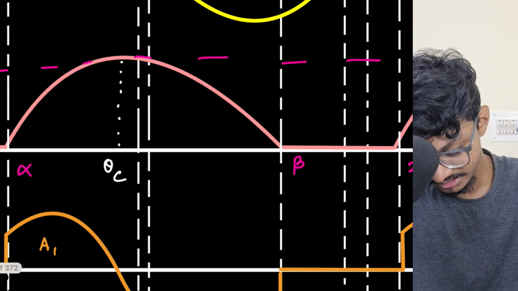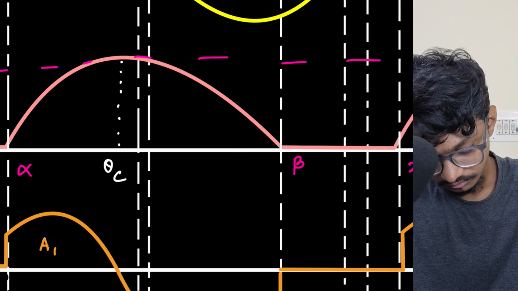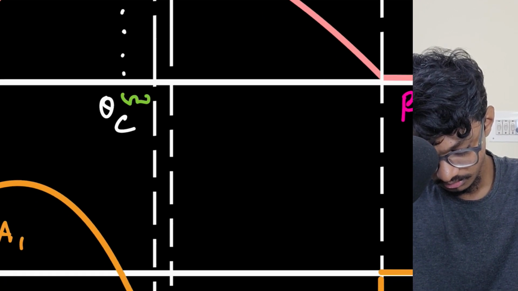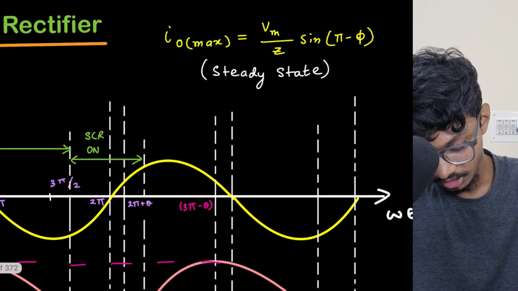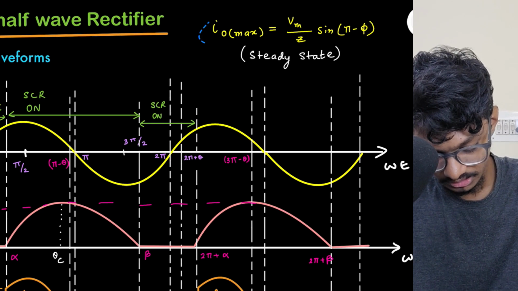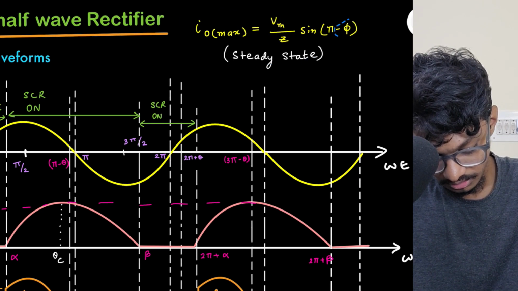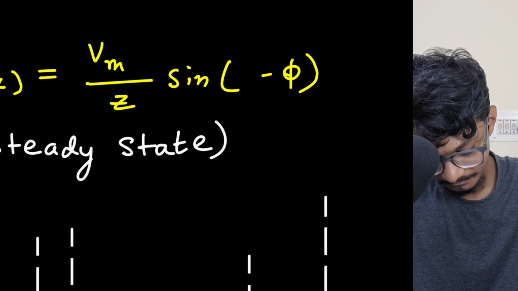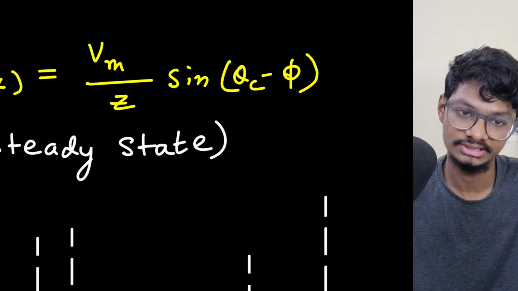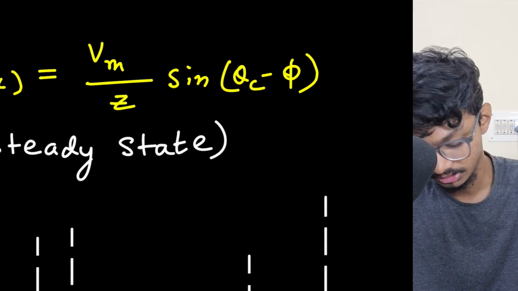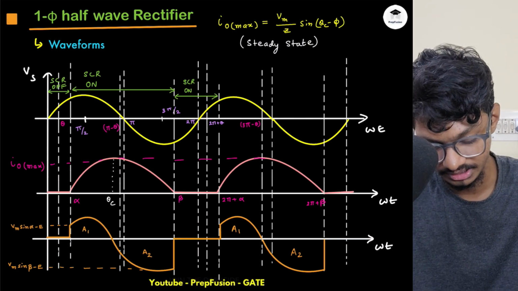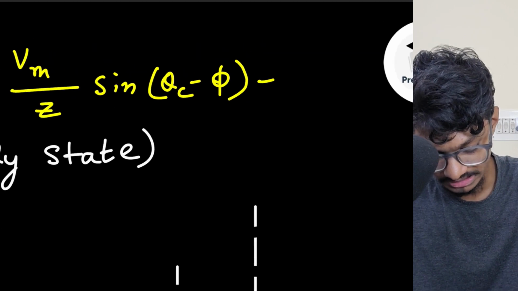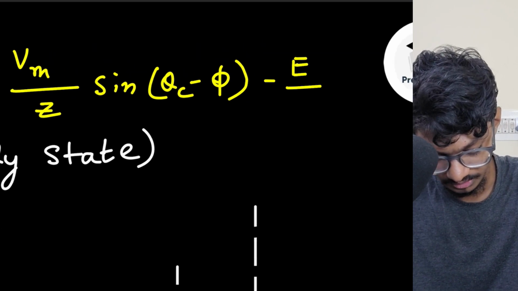So I will write in this region: Iomax will not be omega t minus phi, it will be simply theta c minus phi. Iomax will be theta c minus phi, not pi minus, because this is the maximum. What is the current expression? Expression is this, obviously minus, don't forget I use superposition, so minus E by R is also present over there.